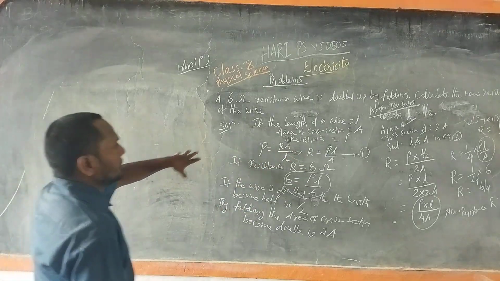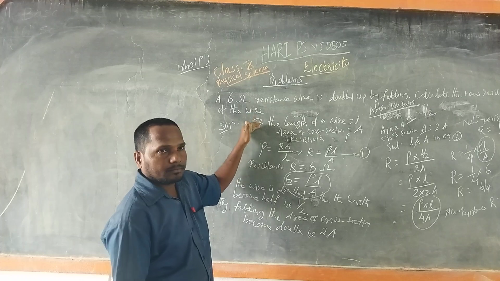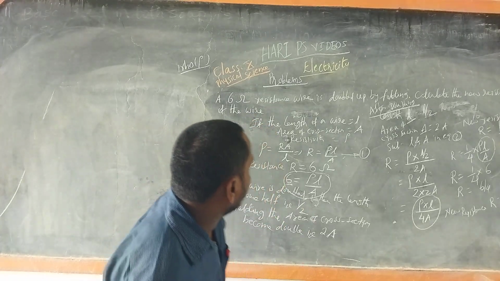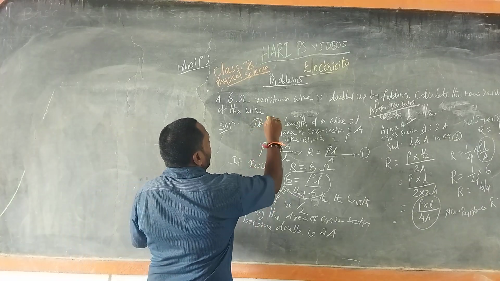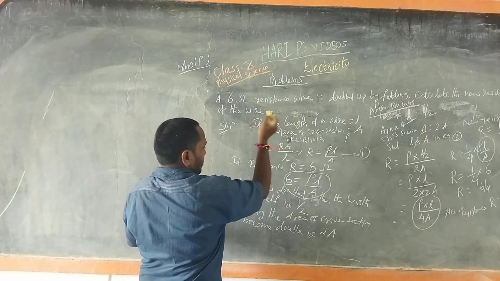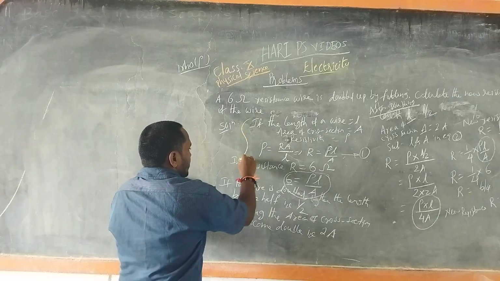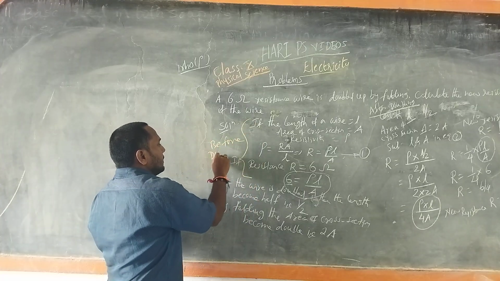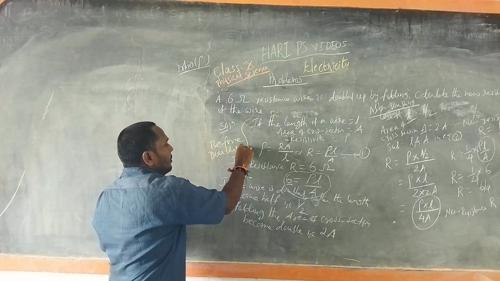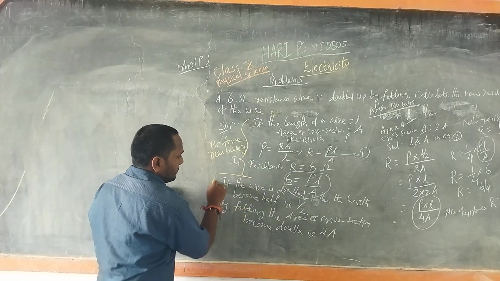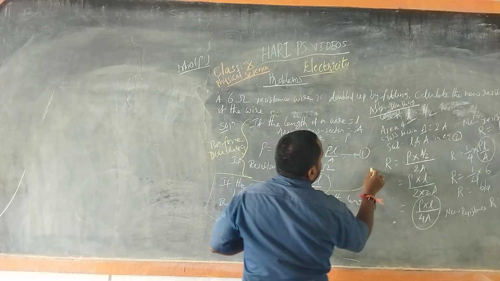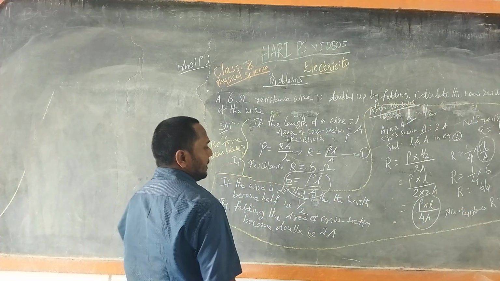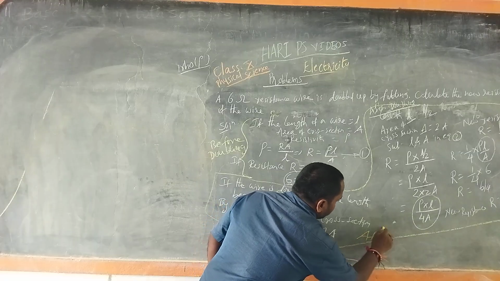So in this way we need to apply the formula. Read the problem. Before folding, we assume this part is completely before doubling, and this complete part is taken as after doubling.